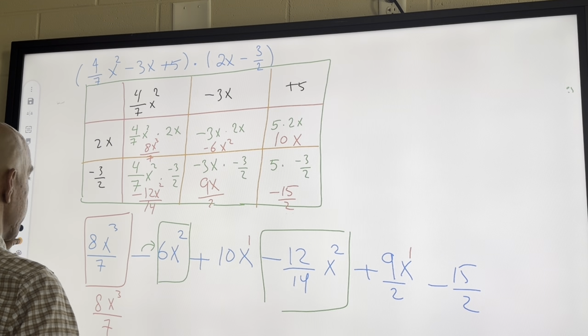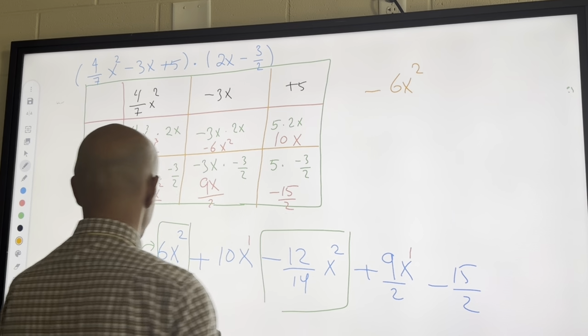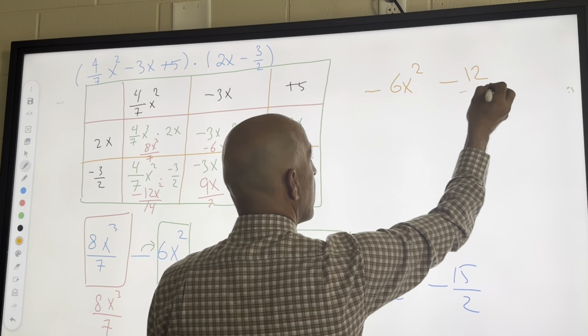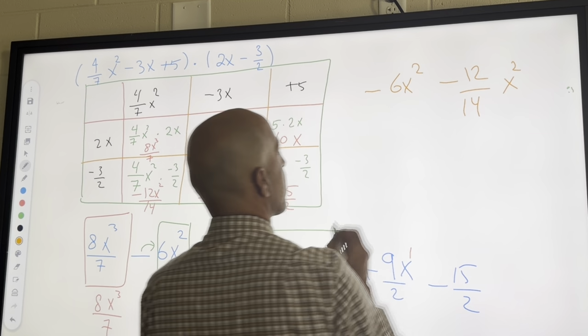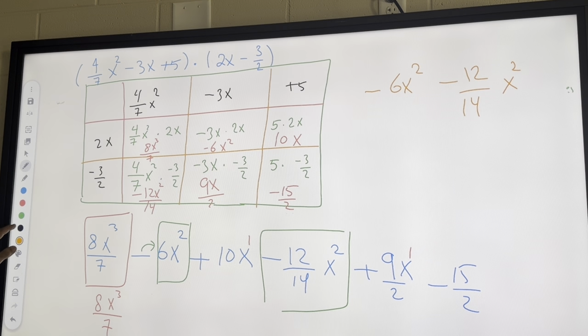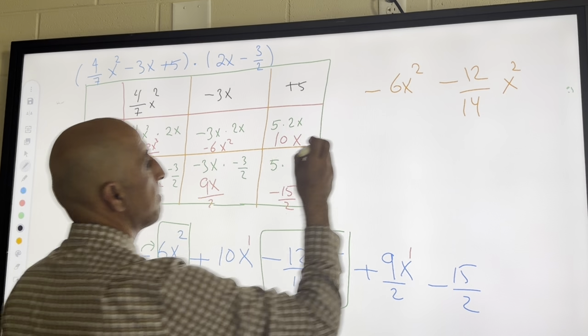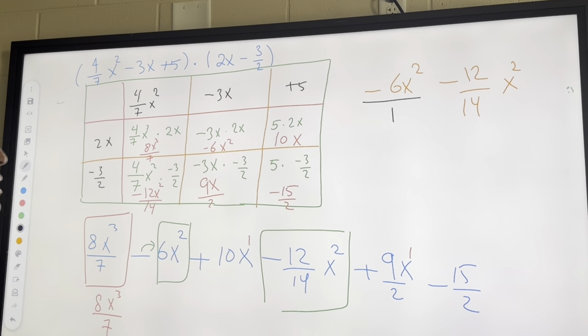What we have here is negative 6x to the power 2 and negative 12 over 14x to the power 2, so we need to take them together. Let me erase this first. We can write negative 6 over 1.